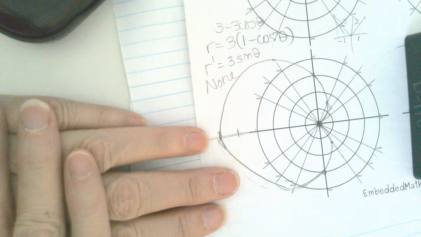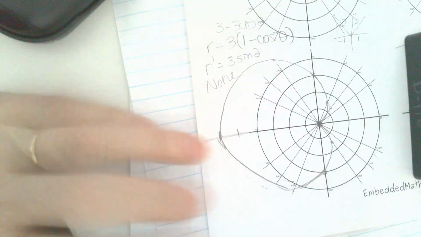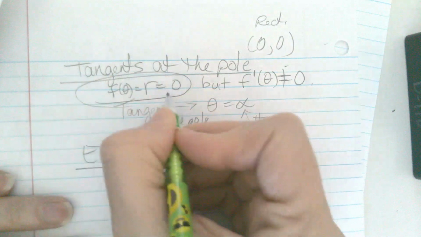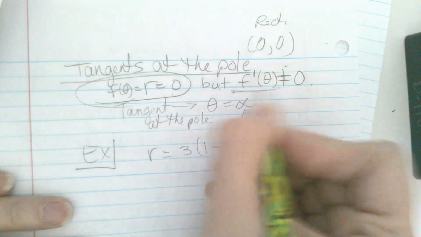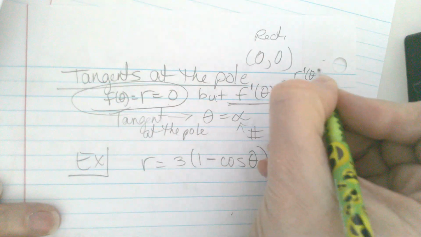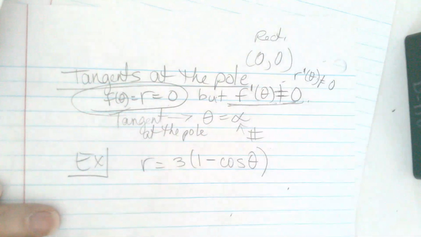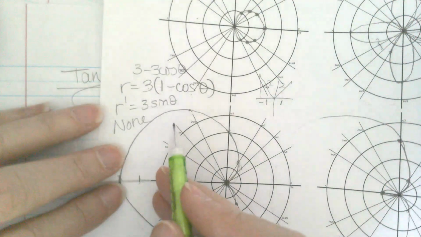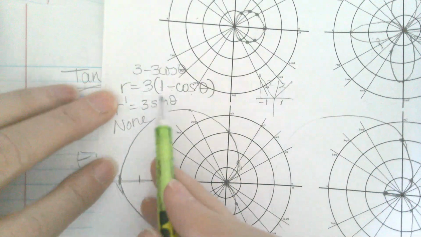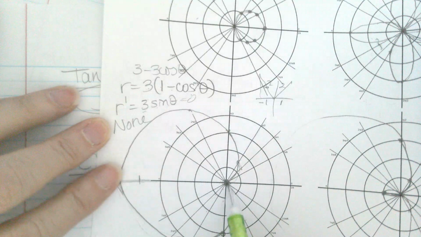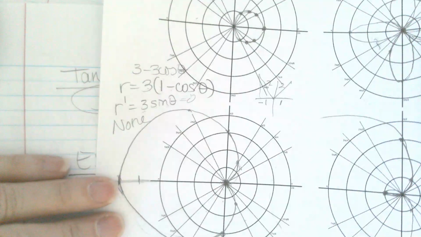Why was it? Remember, the definition of tangent at the pole says it's the places where r equals 0, but f prime, in other words, just plain old r prime of theta, does not equal 0. And when I took the derivative, which is not really dy dx at all, but I just took the derivative of this, turns out it's 0 at the only place that the function itself hits 0, right?